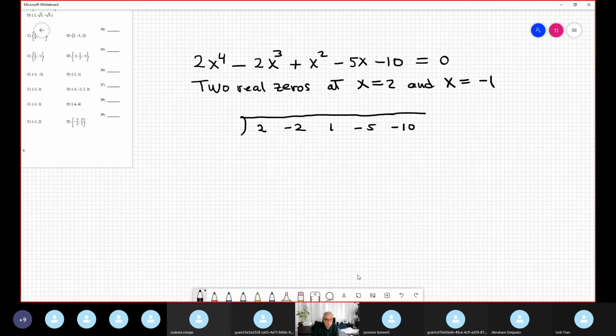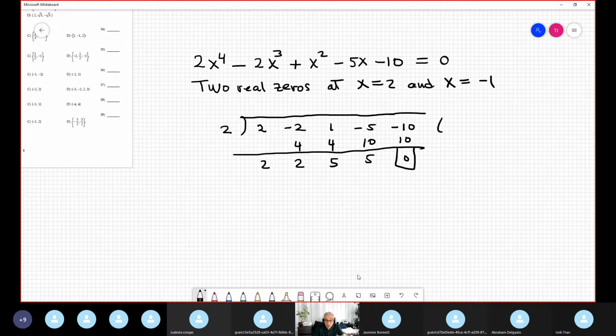I divide by 2. I don't know why I like 2 first. Bring down 2, times 2 is 4. This is 2. This is 2 times 2 is 4. And this is 5. And this is 10. And this is positive 5. And this is positive 10. 0 remainder. I prove algebraically x minus 2 is a factor or x equal positive 2 is a zero.